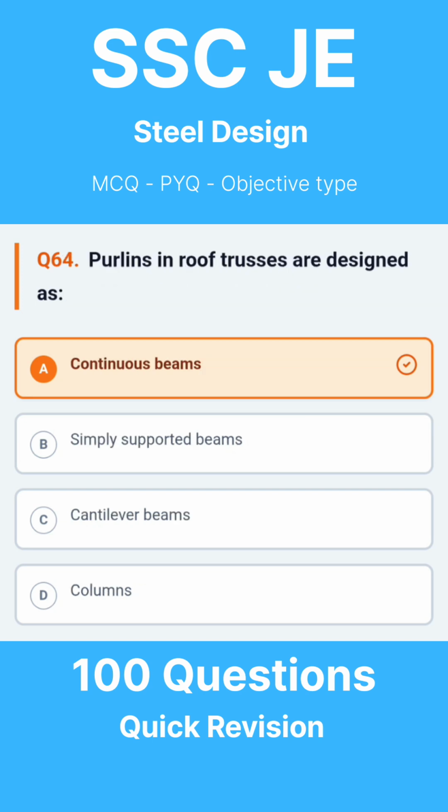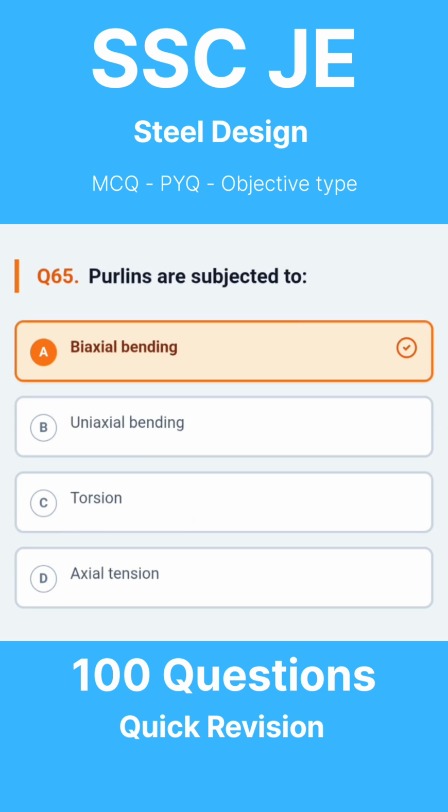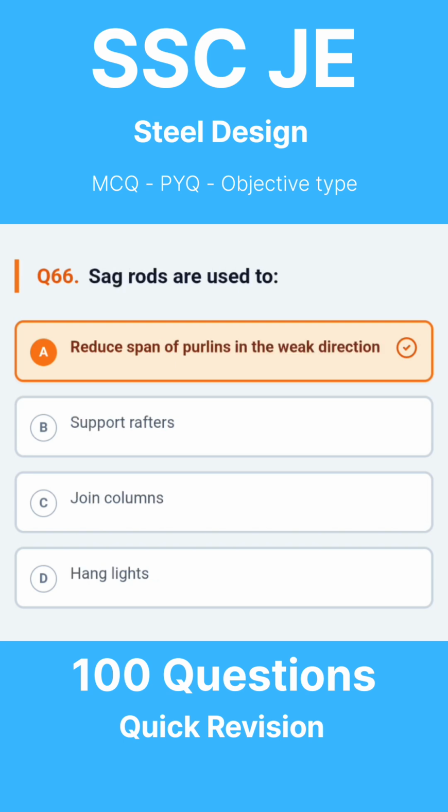Question 64. Purlins in roof trusses are designed as. The correct answer is continuous beams. Question 65. Purlins are subjected to. The correct answer is biaxial bending. Question 66. Sag rods are used to.